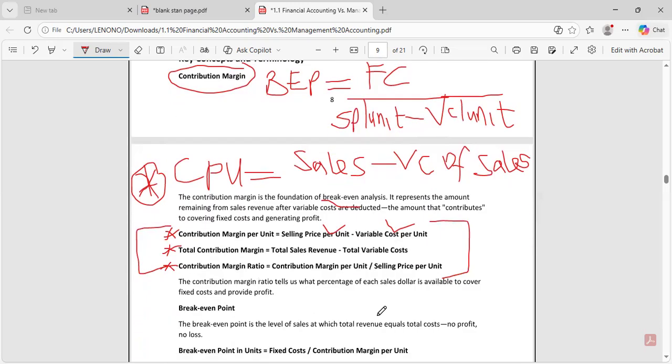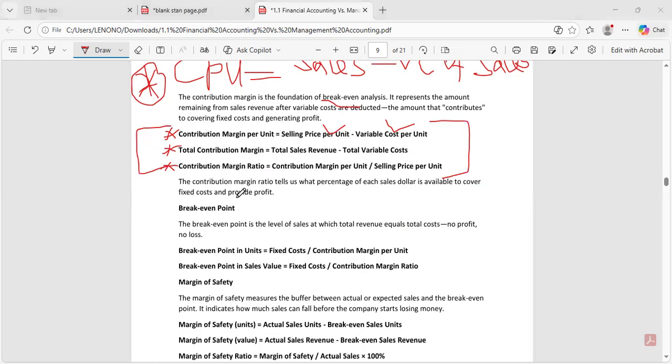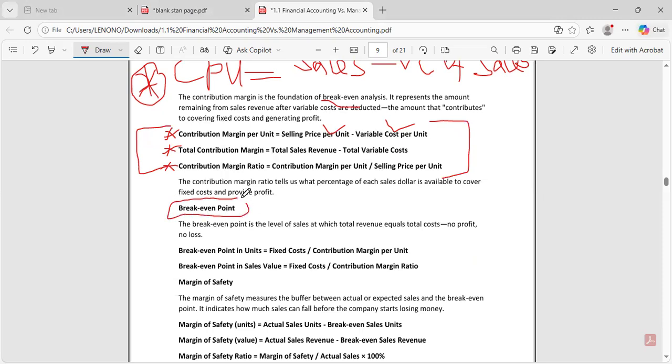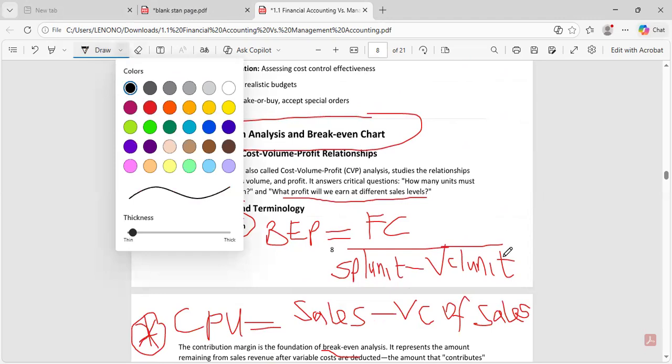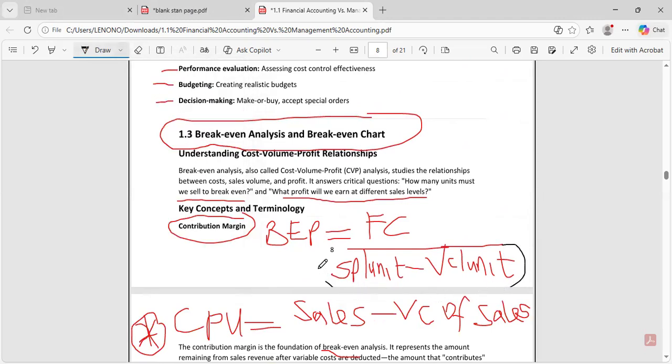And of course, we are now getting down to the break-even point analysis in detail. The break-even point is just the level of sales at which total revenue equals total cost. So there is no profit at this point, no profit, no loss. So break-even point in units is fixed cost over contribution margin per unit, which is this one at the bottom, what we call the CPU, contribution per unit.